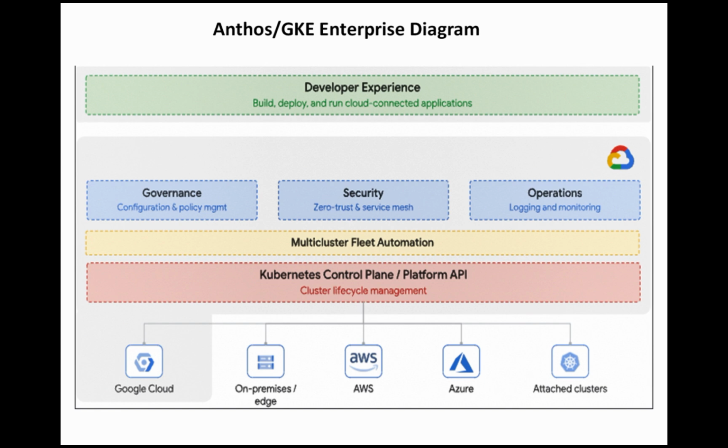If anybody makes changes manually in these Kubernetes clusters through some other methods, ACM ensures that everything is always in sync. Of course, there are many mechanisms to handle it, like manual sync or auto sync. We will discuss ACM in a separate session when we explore it in detail, but this is at a high level.